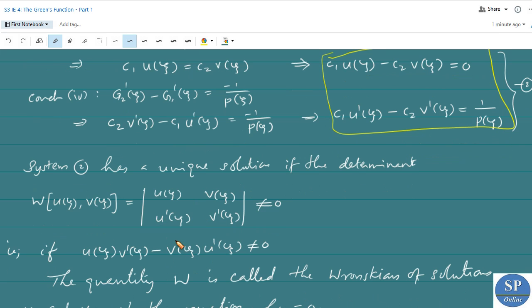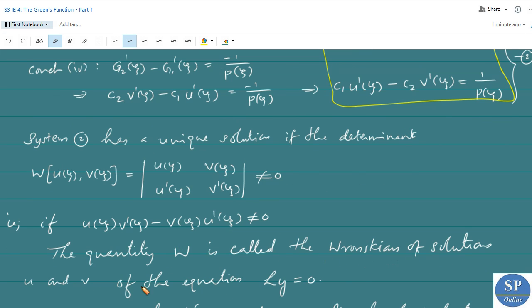This quantity W is called the Wronskian of the solutions u and v of the equation Ly equal to 0. The Wronskian of u comma v is nothing but u v dash minus v u dash, or the determinant with rows u, v and u dash, v dash.